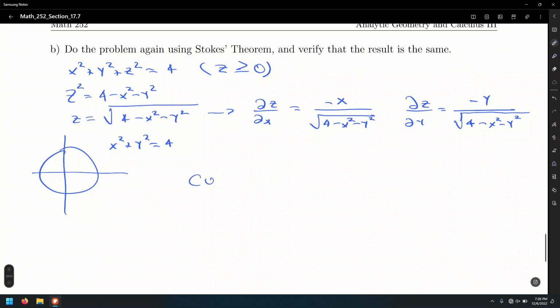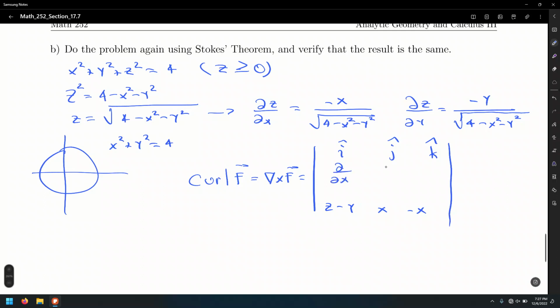So number 1, that's the curl of f, the curl of the vector field, which is nabla crossed with f. Let me write down the components of the vector field. That's z minus y, x, and negative x. I, j, and k. And the second row of this matrix is the partial derivative operators with respect to x, with respect to y, and with respect to z.